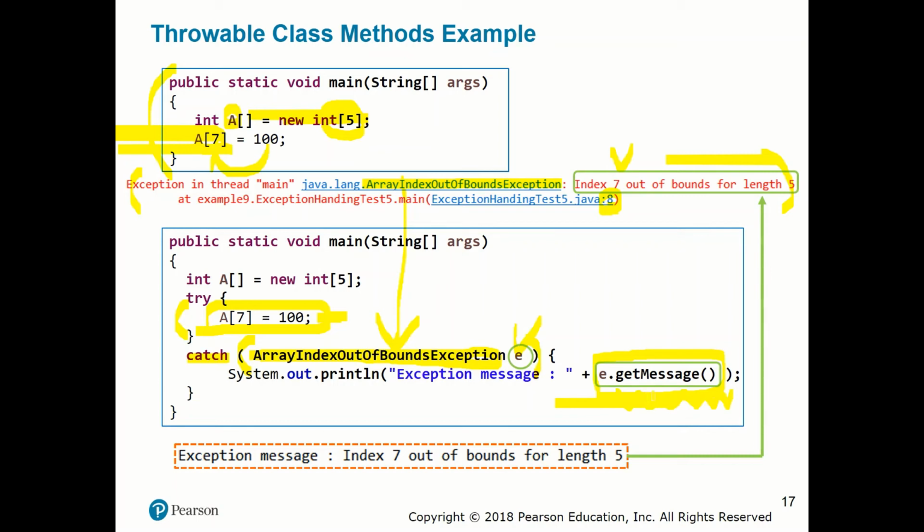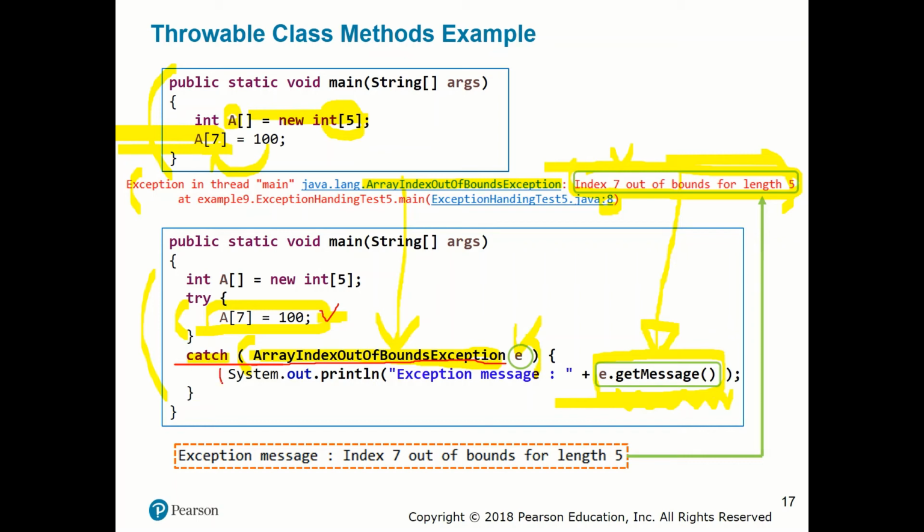Then this reason is returned in the getMessage method. So if you run this code, the exception occurs here. Then the computer sees that this is the exception that occurred in the try block.